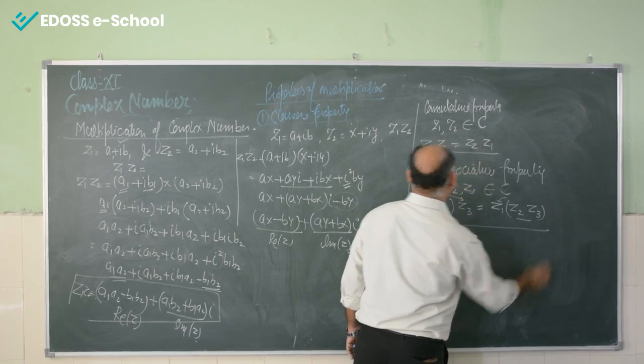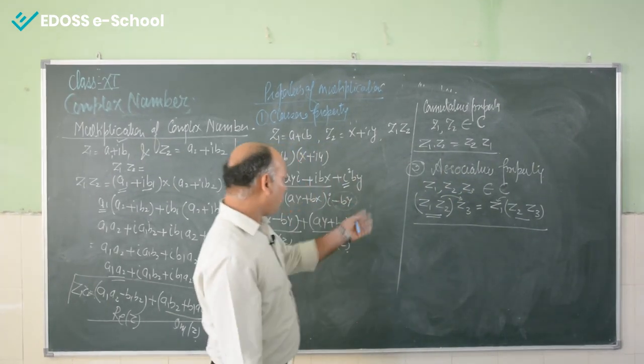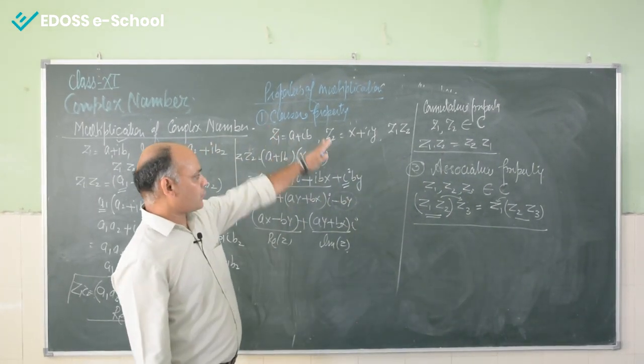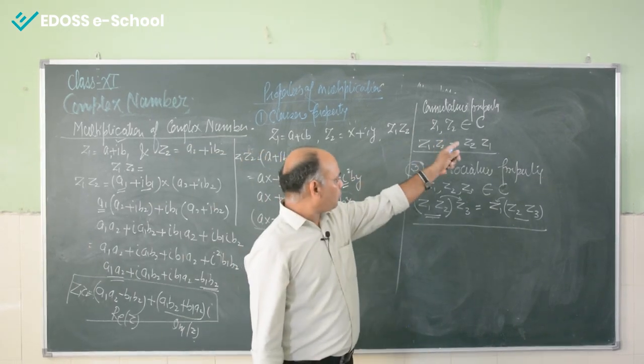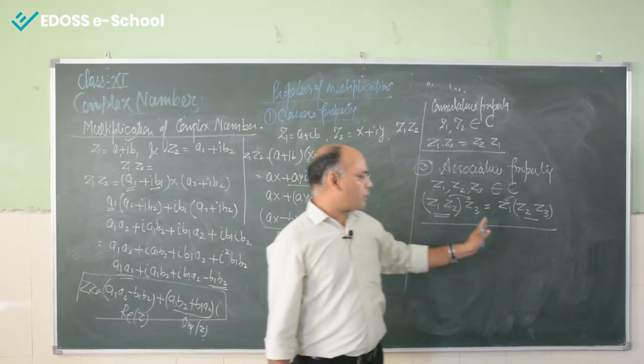This is known as the associative property. Then three properties hold good. The first one is closure property, second one is commutative property, and third one is associative property.